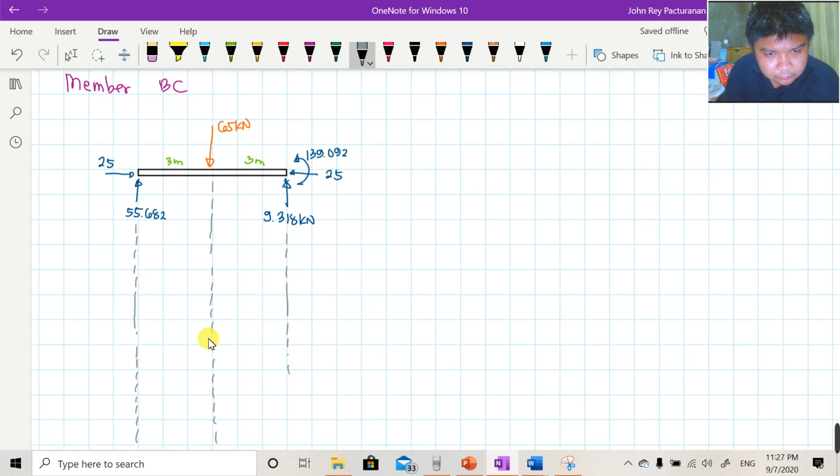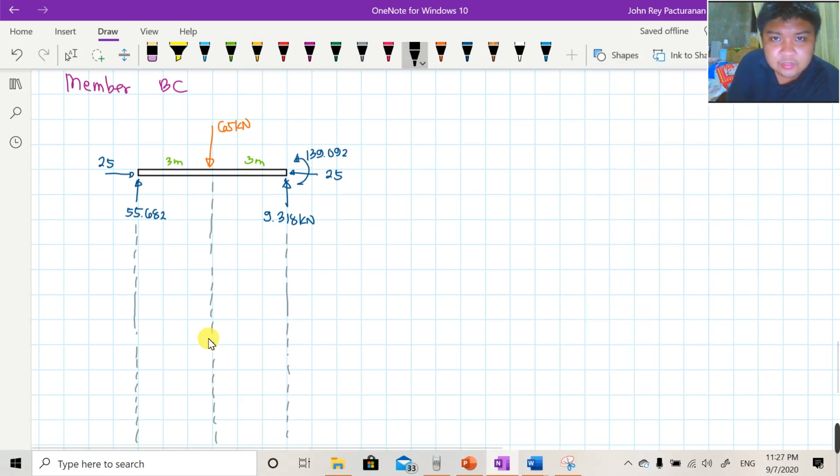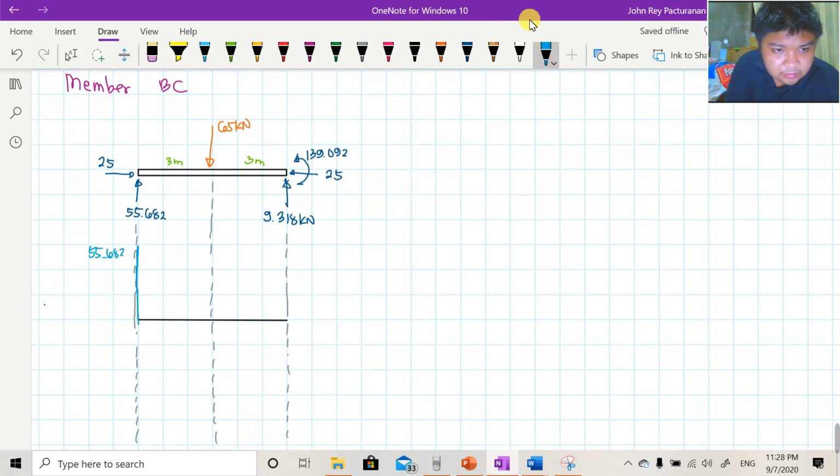Dire-diretso lang to. Hindi naman mahirap i-sketch ang shear and moment diagram nito, class. Halimbawa, for the shear diagram, simulan na natin, 55.682. Angat agad siya, di ba? Dito agad, 55.682. Tapos, steady siya.